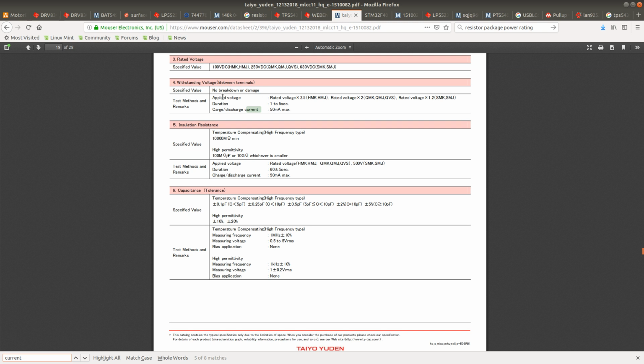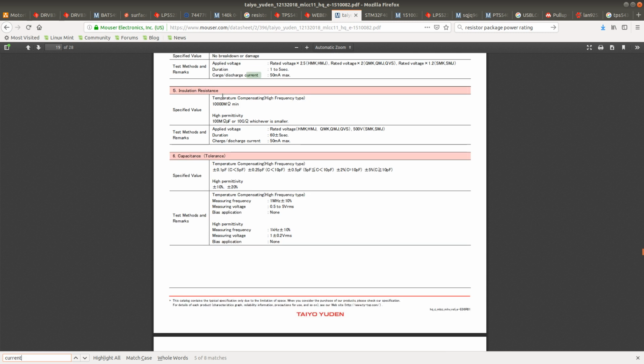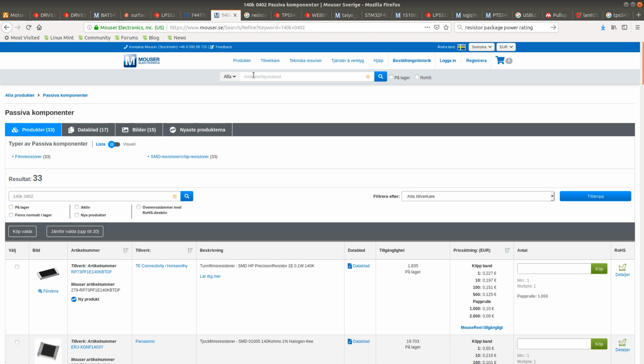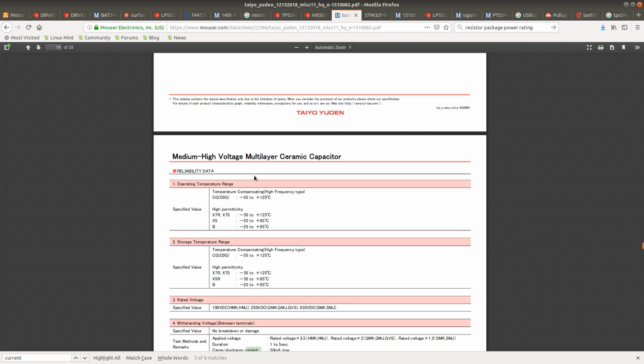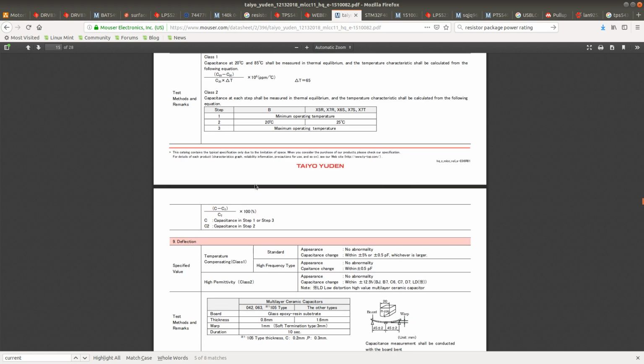This is just testing, so 50 milliamps for a testing situation. Yeah, they don't even specify charge discharge current, but let's make sure that this is. Does it say what type it is? Probably says in the product code. So let's look at the product code.